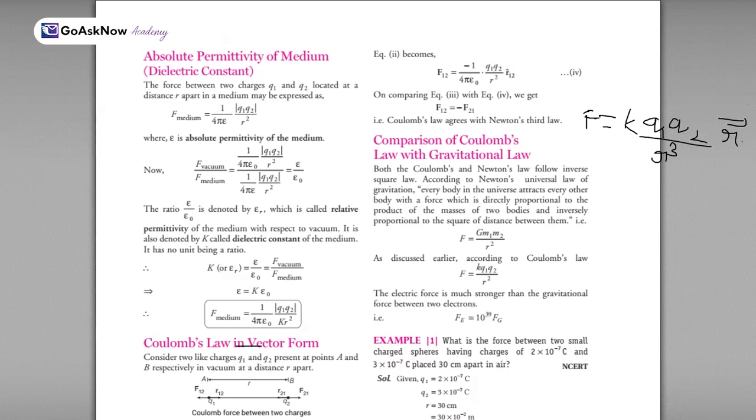So why is it written like this? Because I have added the unit vector here. That is why the vector form is like this. I will explain why.